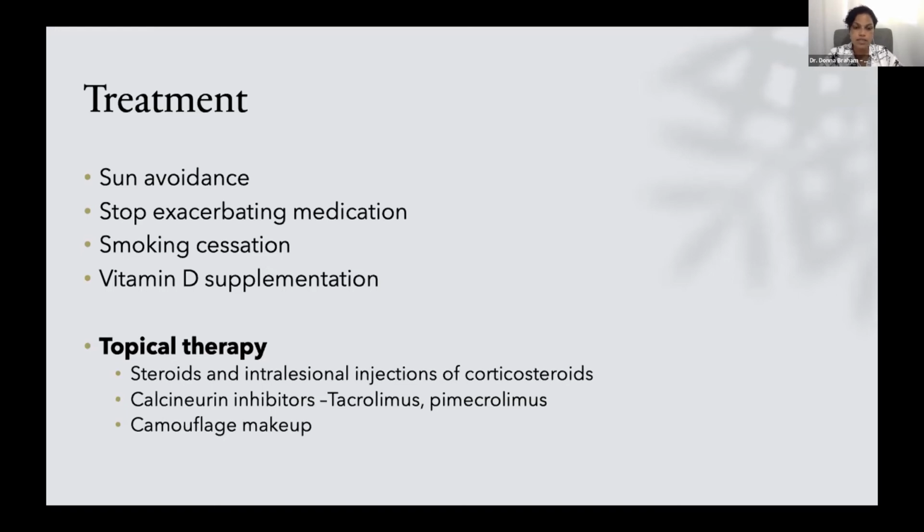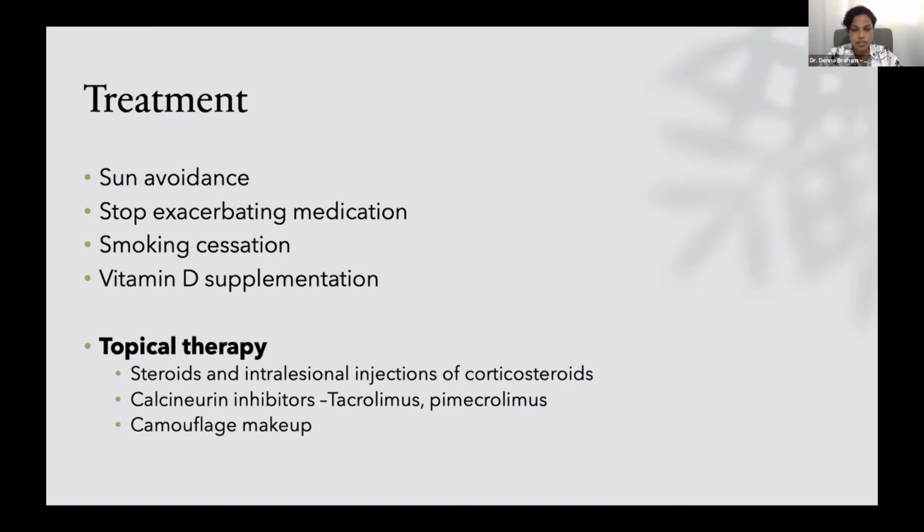Topical steroids are commonly used, and the strength of the topical steroid will depend on the location of the lesions. So generally use potent topical steroids, especially on the limbs and the scalp. But if we're talking about the face, then it's going to be a much milder potency.